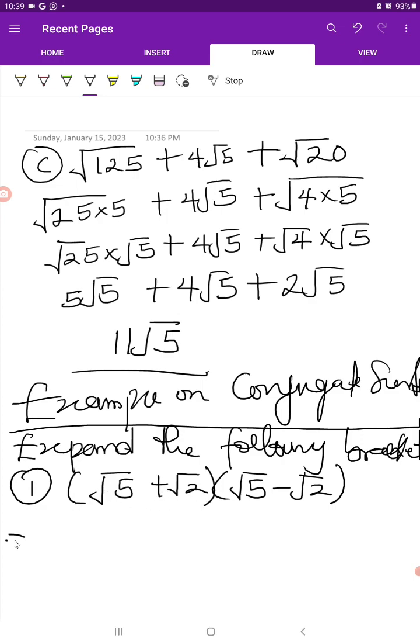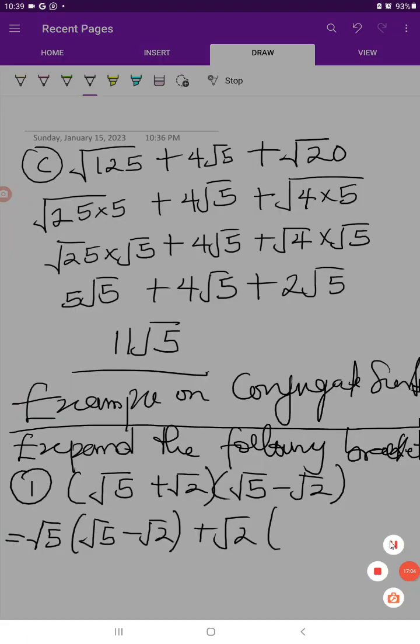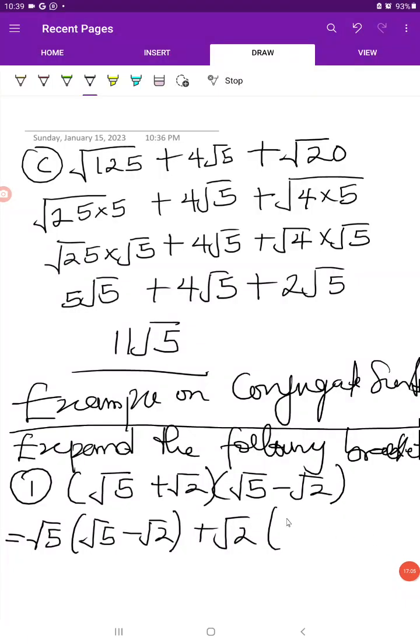So you now start the expansion. Root 5 bracket root 5 minus root 2, plus root 2 bracket root 5 minus root 2.